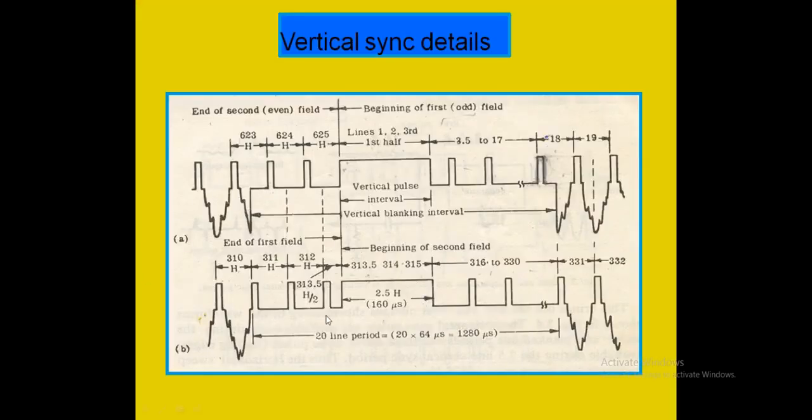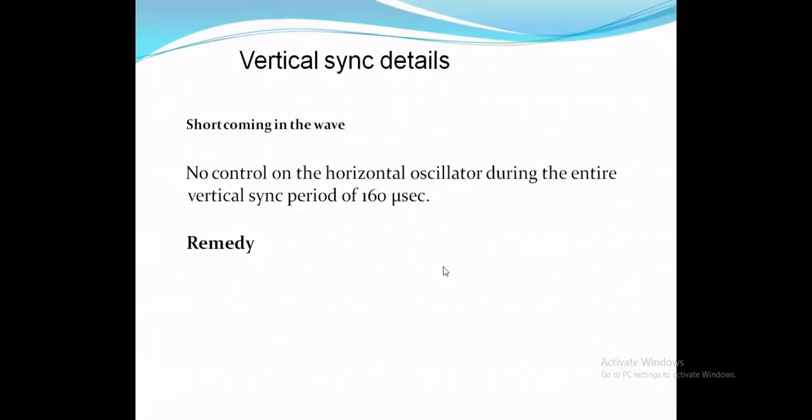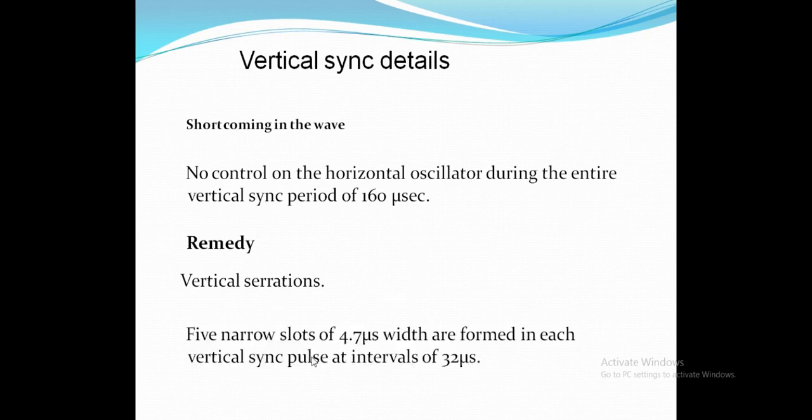So for that purpose, here we are using vertical synchronizing pulses. In vertical synchronizing pulses, there is no control of the horizontal oscillator due to the entire vertical synchronizing period of 160 microseconds. So that will be overcome by using vertical serrations.